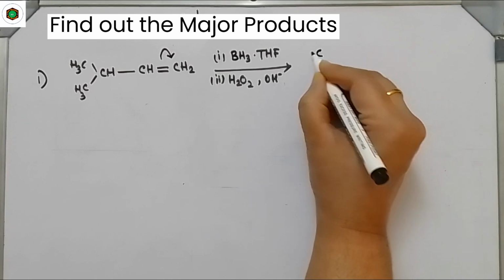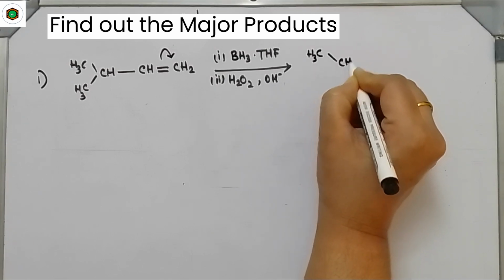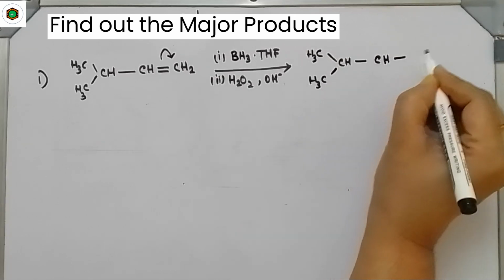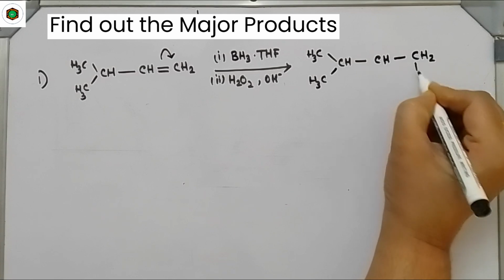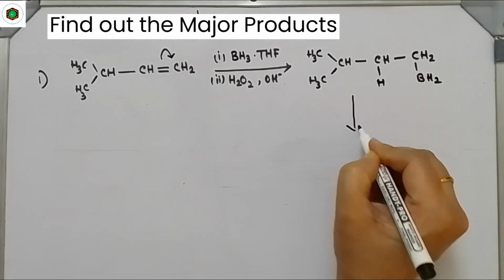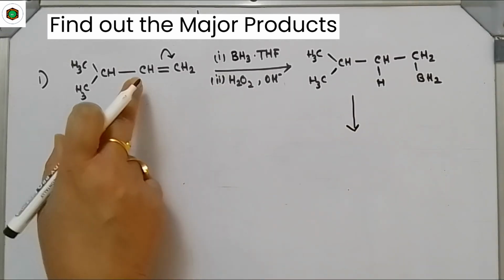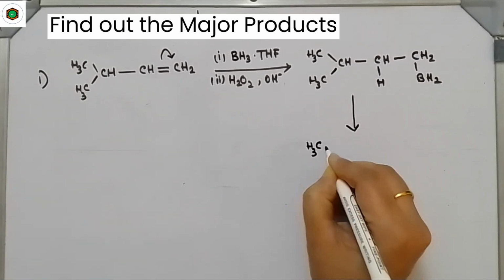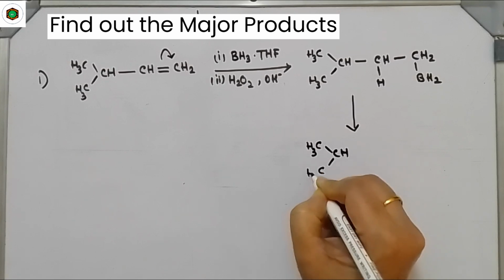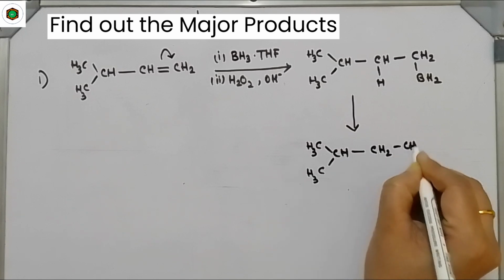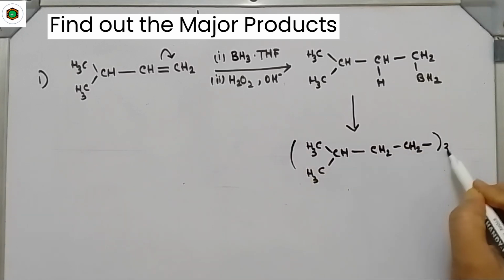So we will get CH, here CH2, BH2, and here hydrogen. Then it will react with another 2 molecules of this alkene to form this trisubstituted, trialkyl borane.